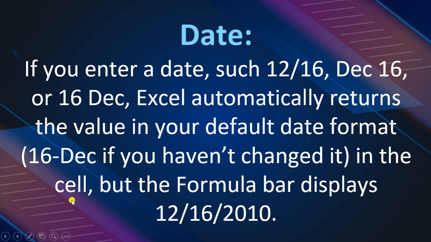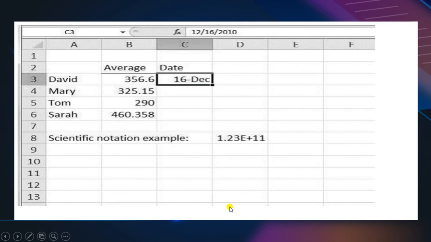We call this format MMDDYY: month, date, and year. This is the format of the date that is saved in MS Excel, and whenever we write a date in MS Excel, it will display the date in this MMDDYY format. For example, if they have written 16th December, it will be taken like this.